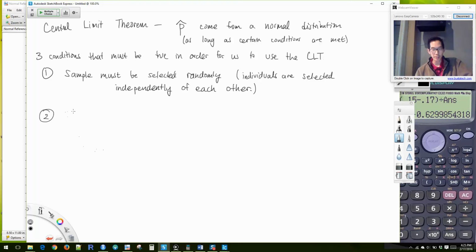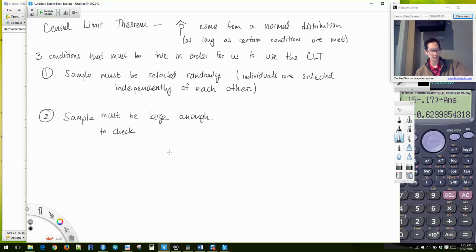Number 2, your sample must be large enough. There are 2 ways to check this, and this is a rule of thumb. Some textbooks might use a different number.